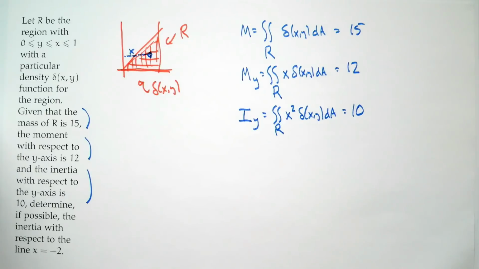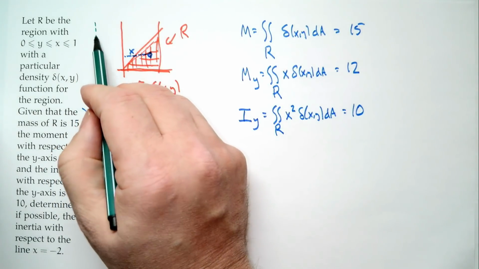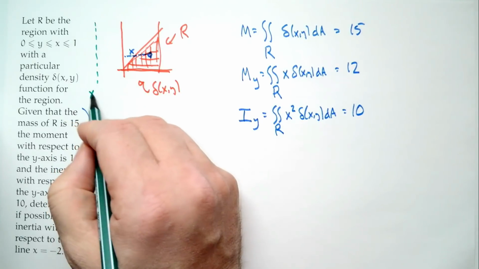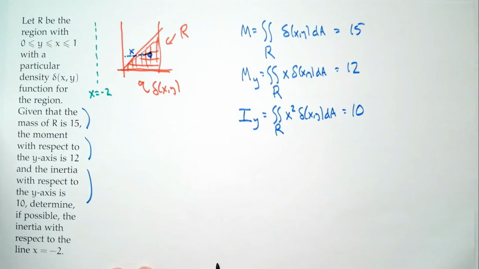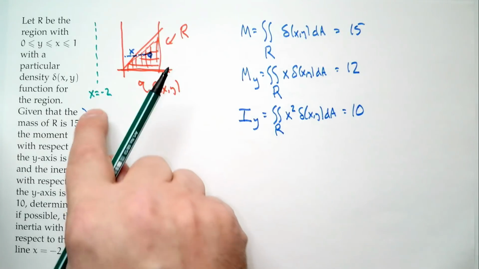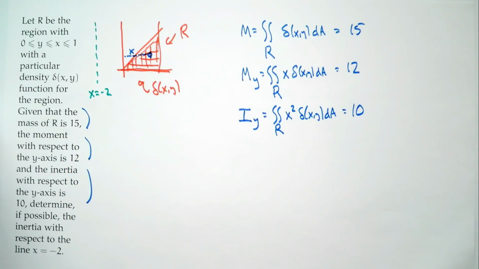Now, what are we after? Well, the problem says determine, if possible, that's because I haven't done this problem, so I'm hoping it's possible, the inertia with respect to the line x equals -2. So out here, there's this line, x equals -2, and I want to find the inertia with respect to this line. I can talk about inertia with respect to pretty much any object, as long as I have a notion of how far that object is away.